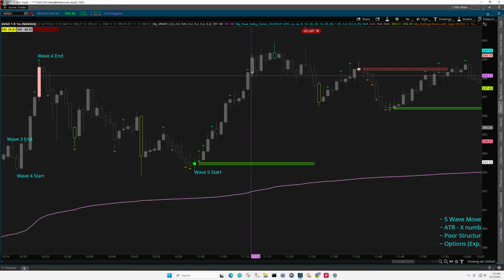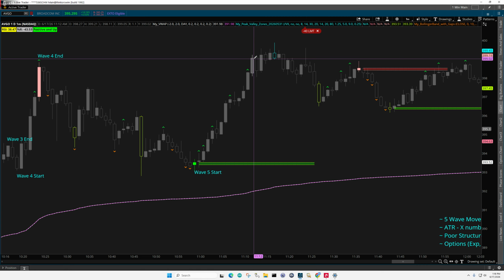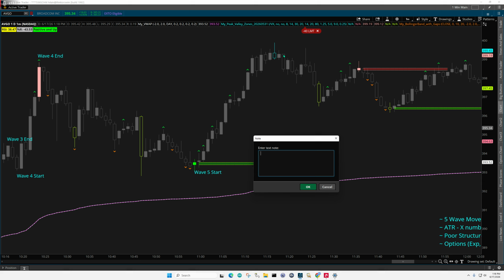But in this particular case, we get the close above on this candle, but yet it's intersecting this one, so it could be the end. We really don't know. But here, price does push a little bit higher, and then when we finally get this candle body under this candle body, we know that that is the wave 5 end.